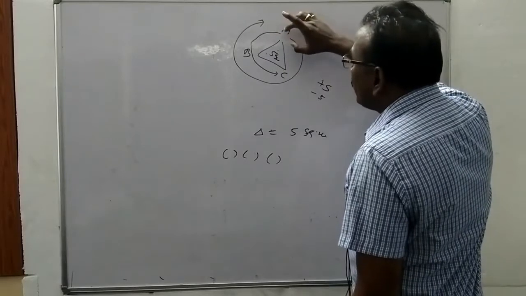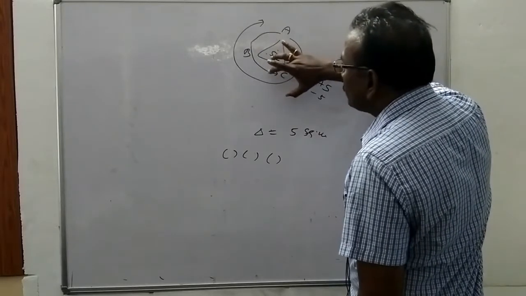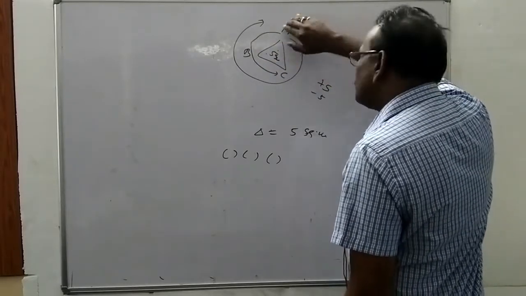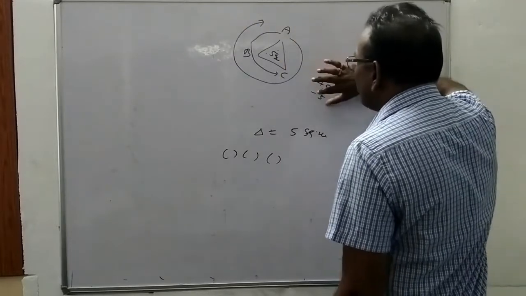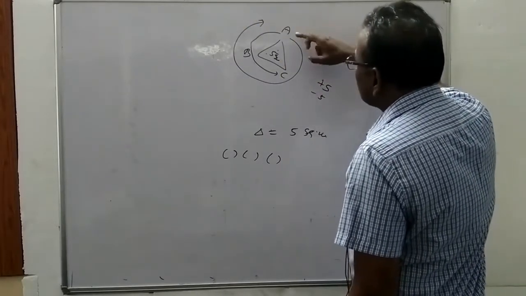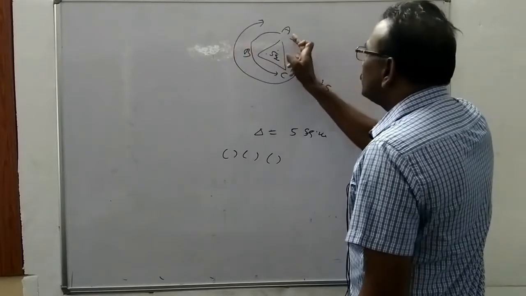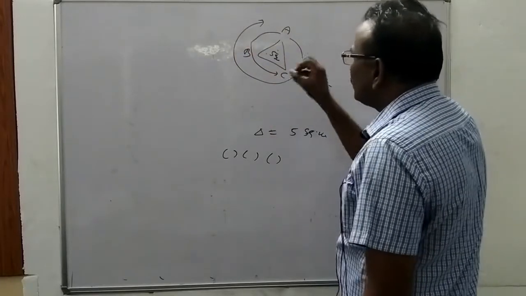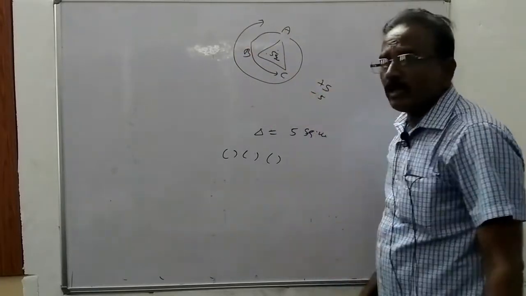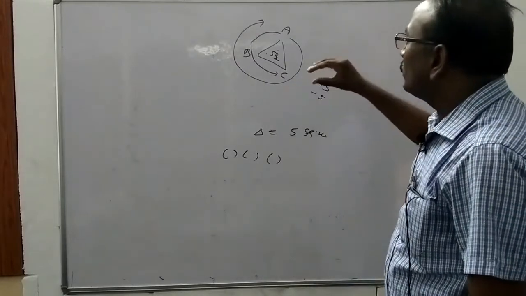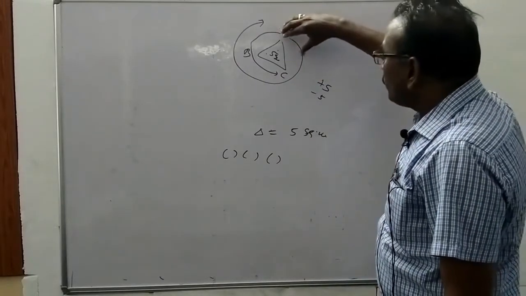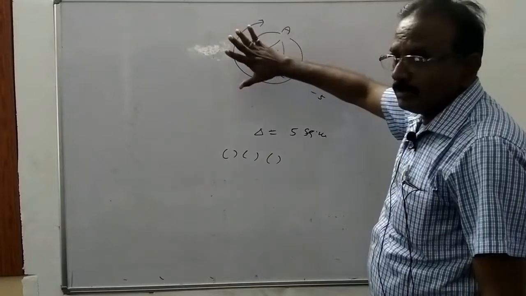So the plus and minus sign indicates taking the vertices in order. If we take the anticlockwise direction, we get the positive; if clockwise, we get the negative. Or in some cases this direction is negative and that direction is positive. So the sign indicates the direction of taking the vertices in order, and that is important.